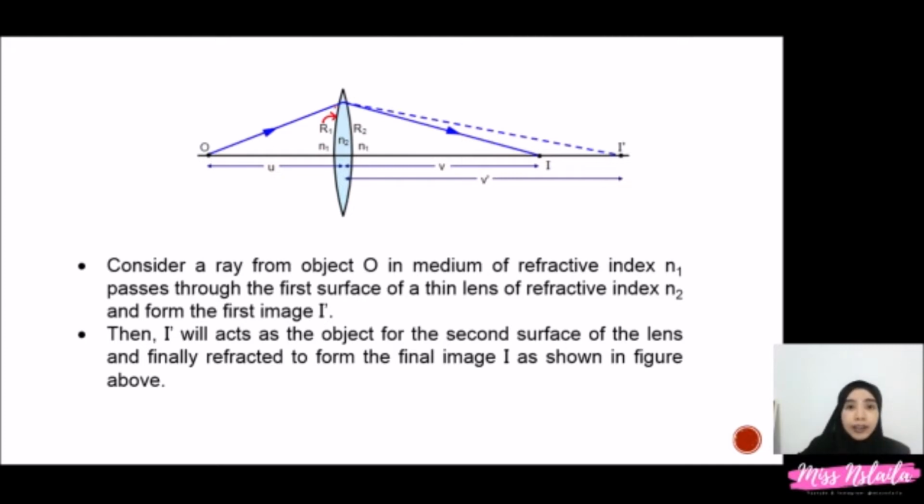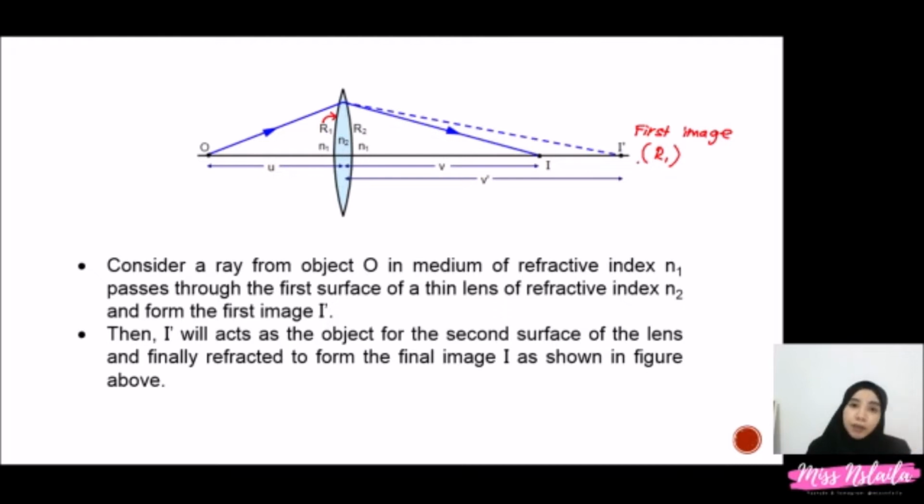And then when the light ray is refracted from the first surface, it will produce the first image. And we label it as I prime. It's up to you. You can label with any symbol, but must show that this is the first image. Okay, why do we say this is the first image? Because this is the image produced by the first surface, which is R1.